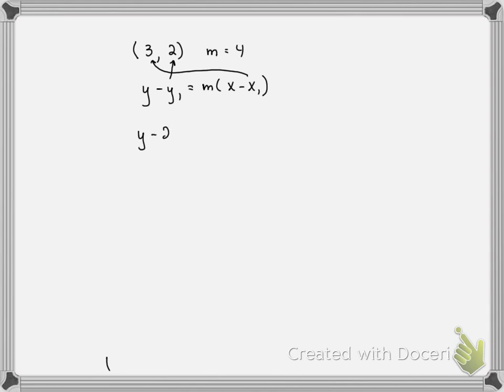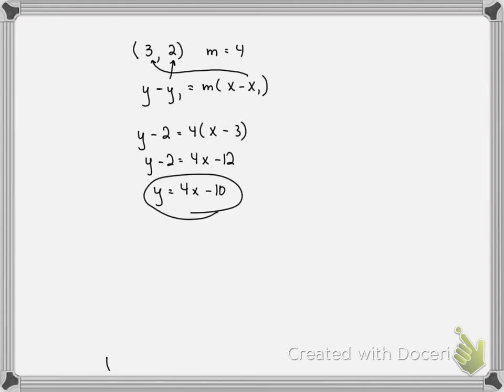So y minus 2 will equal the slope of 4 times x minus 3. So I will distribute on the right and then add 2 to both sides. And that would be my equation, okay? I believe that that is the easier way to write a linear equation.